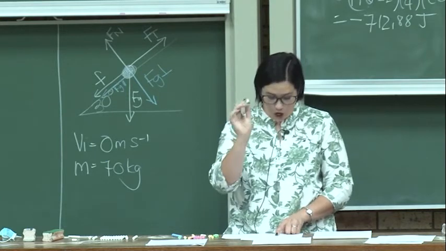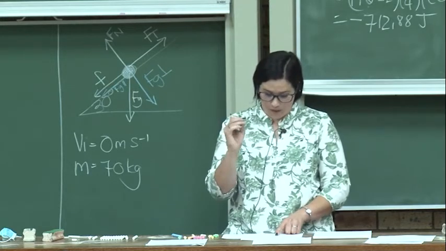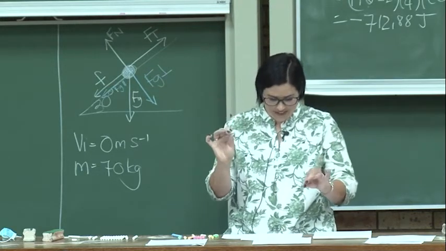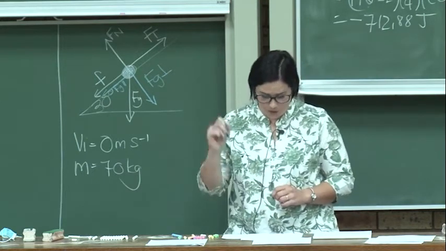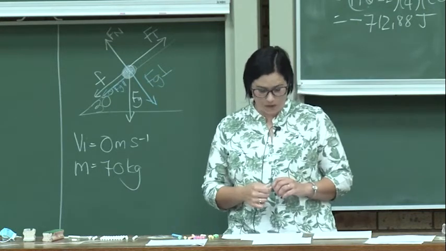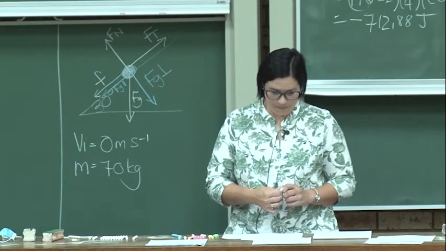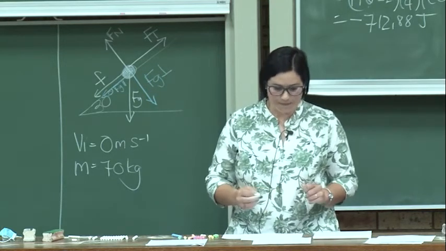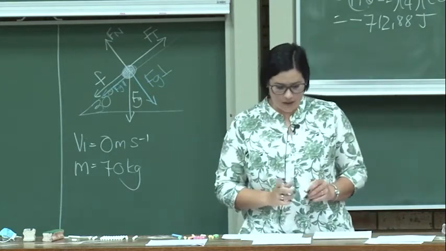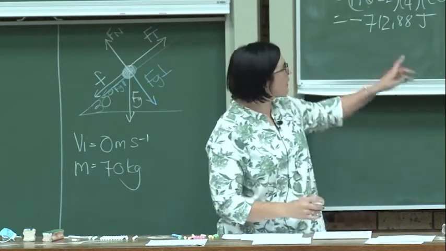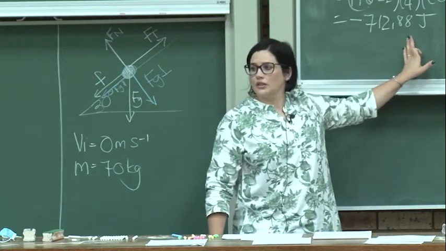What will the total work done by friction be when the box moves up and then down to the bottom of the inclined plane? It goes up and down the incline. So in other words, it will be double the 712.88 joules. So times 2.